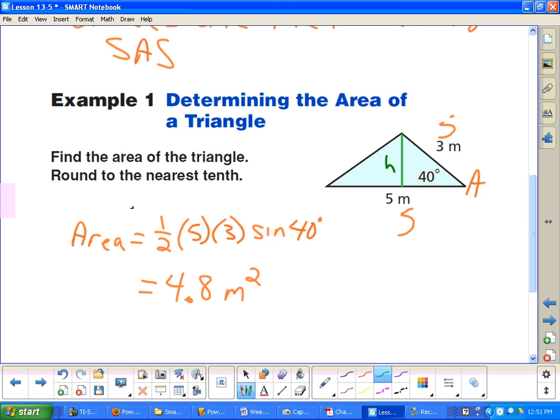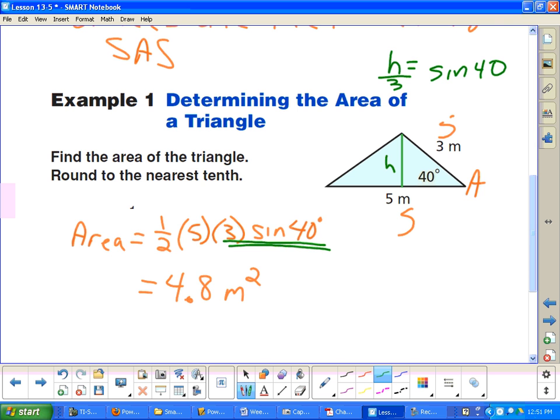So opposite over hypotenuse is equal to the sine of 40, so 3 times the sine of 40 is equal to h. This part right here is the height of that triangle. So I could make it into a right triangle by saying 1/2 times the base, which is 5, times the height, which is 3 times the sine of 40. That's where that comes in. That calculates the height for us.